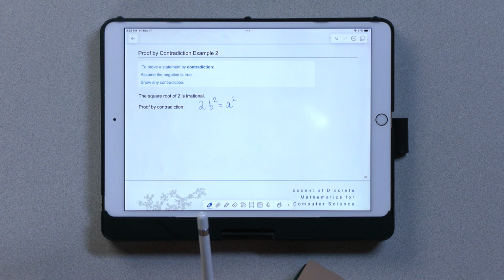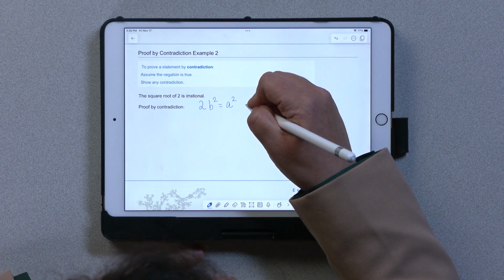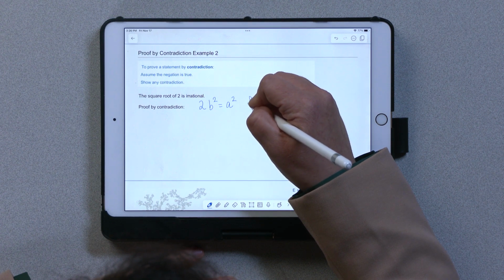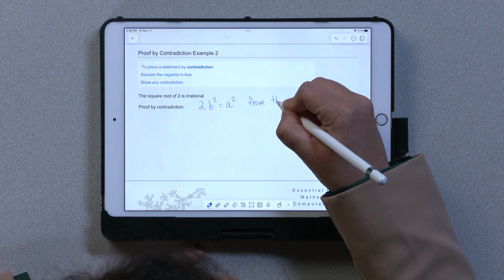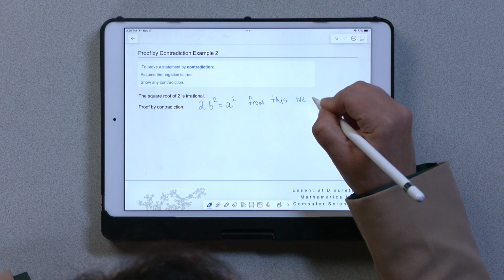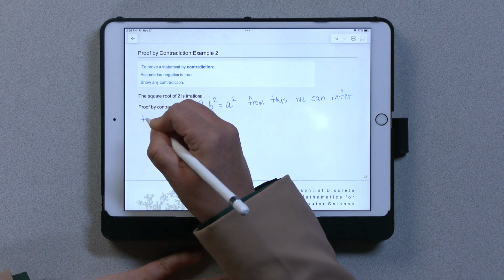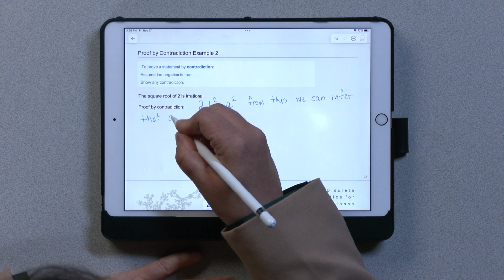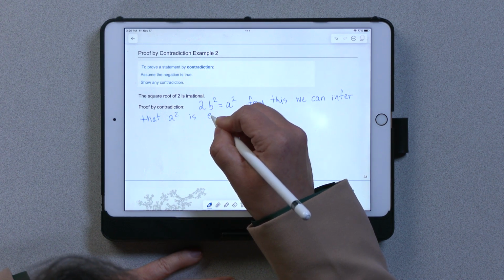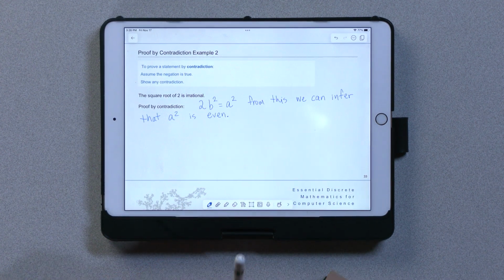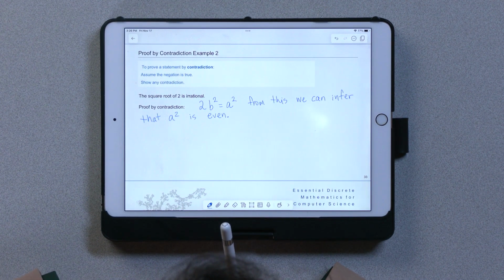So that means we can infer that a squared is even. The reason we can do this is that a squared is equal to 2 times an integer. So when we divide that by 2, we'd get no remainder. The modulo 2 would be 0, so we know that a squared is even.